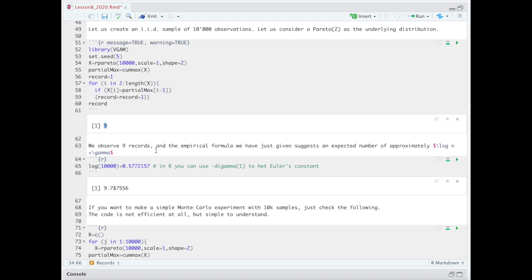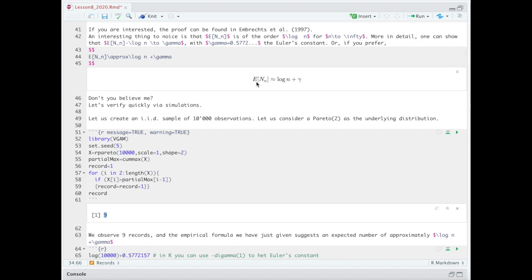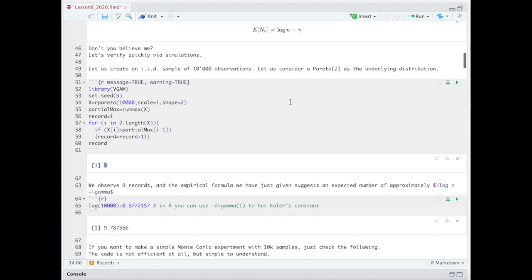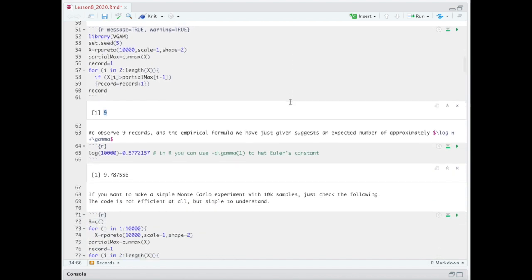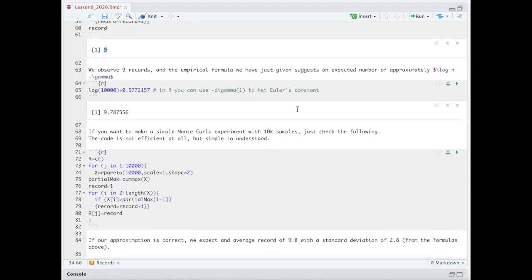Now, what is the number of records that we predict if we use the empirical formula that you see now here on your screen? So the expected number of records is equal more or less to the natural logarithm of n plus gamma. Remember that in R, log is the natural logarithm, so that would be ln. So for us, log is the natural logarithm.